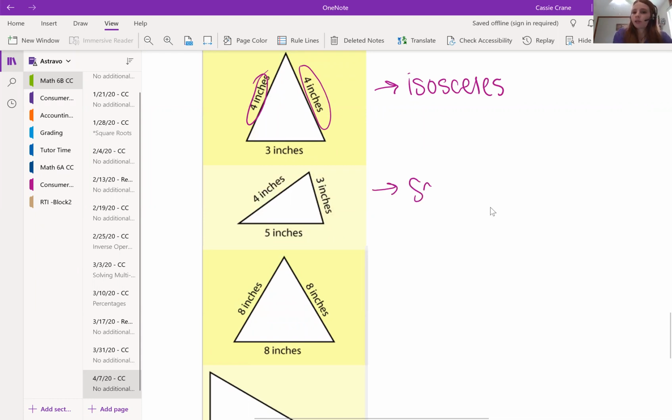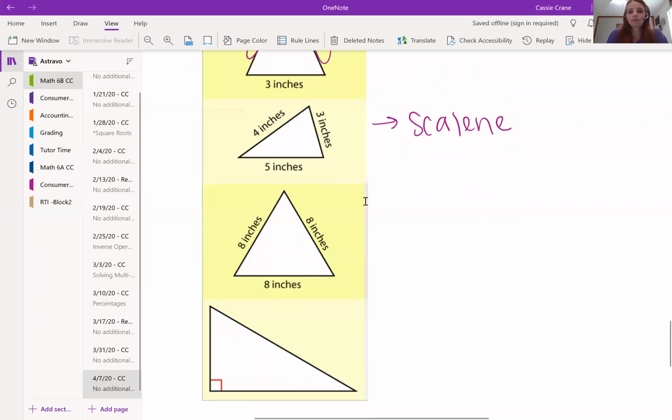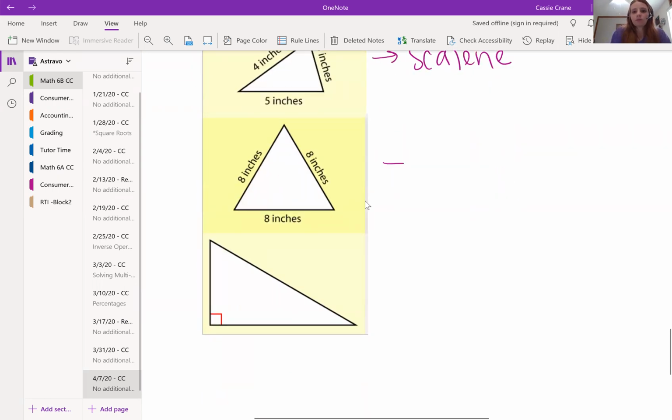Now the next one, yep, already got that one. Someone said scalene, or a few of y'all already said scalene. We know that because what? Yeah, all the sides are different, no equal sides. Okay, what about this one? Yeah, this one's equilateral because all the sides are the same.